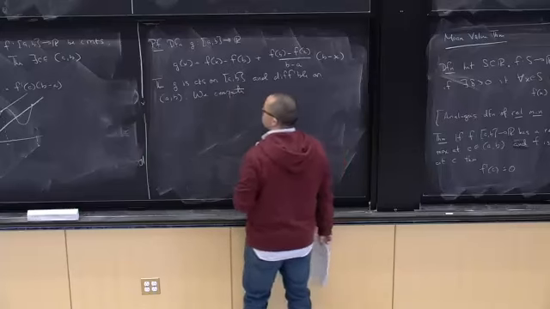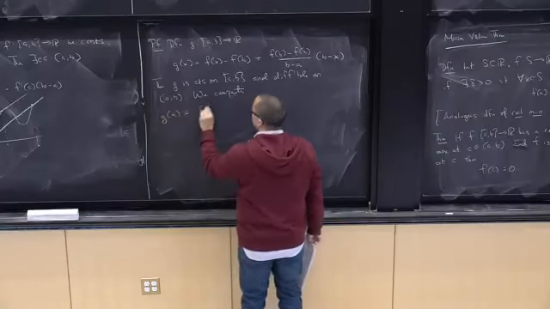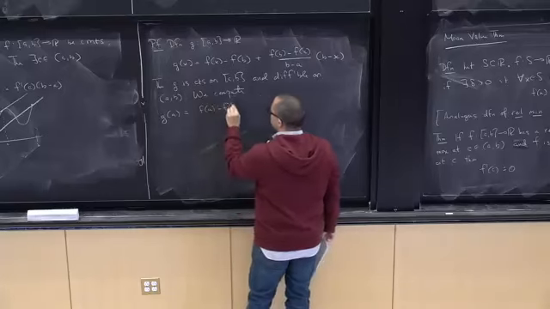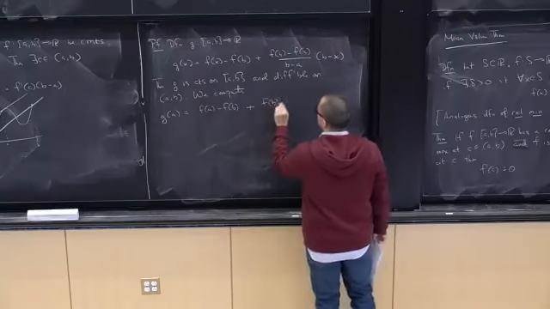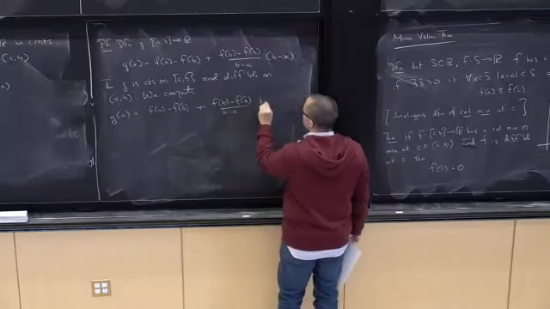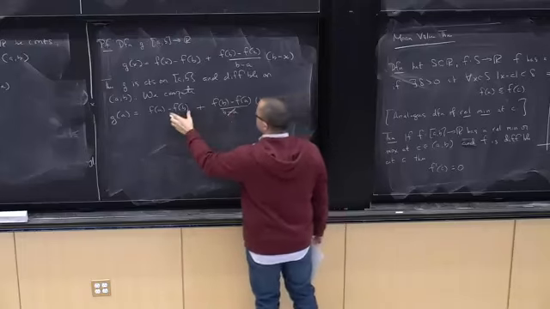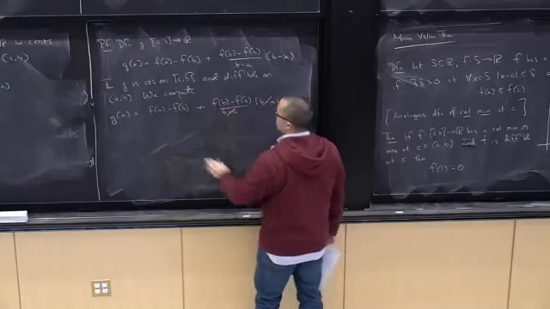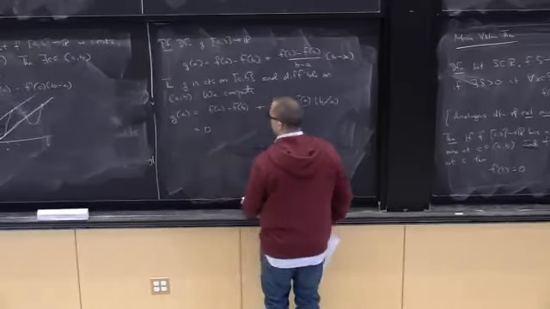And since I said we're going to use Rolle's theorem, let's compute g of a. This is equal to f of a minus f of b plus (f(b) minus f(a)) over (b minus a) times (b minus a). That cancels with that. Minus f of b cancels with f of b. f of a cancels with minus f of a, and we get 0.